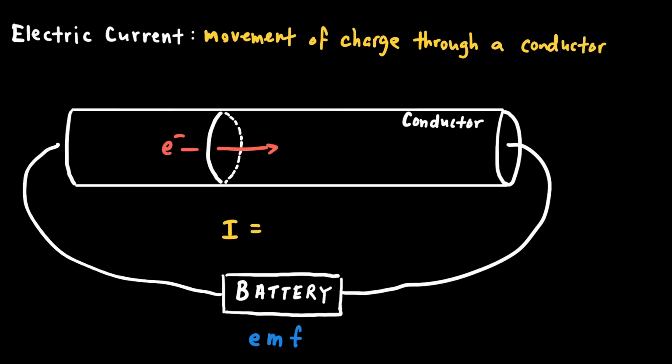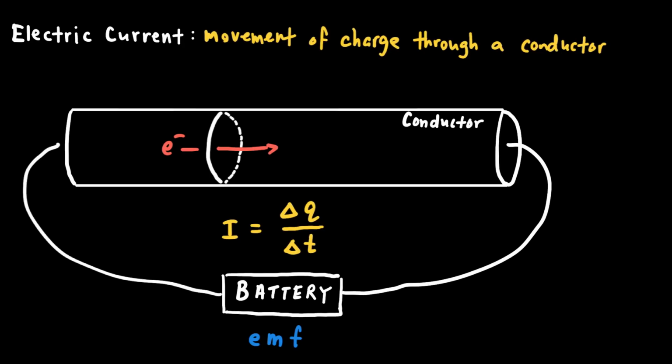Current is represented with a capital letter I, and the amount of charge, delta Q, that moves past that point per unit time, delta T, is a measure of the current. That's how we define current.